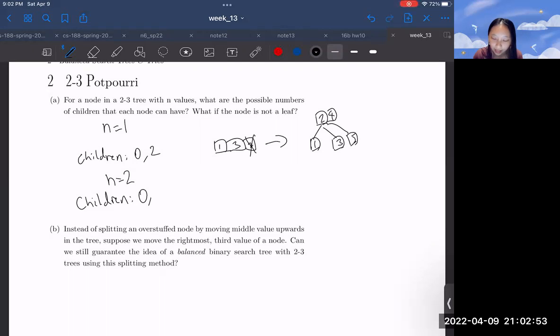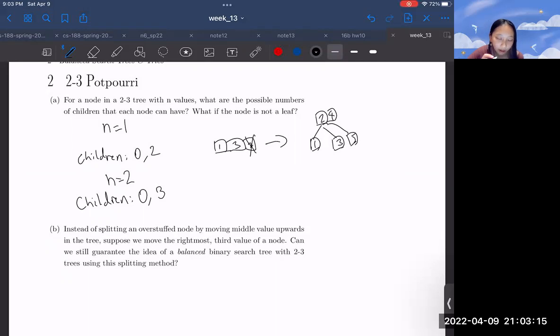Once we have this, it can have up to 3 children because there are 2 values in the node. So those are the 2 possibilities, and n can only equal 1 or 2 because it's a 2-3 tree.